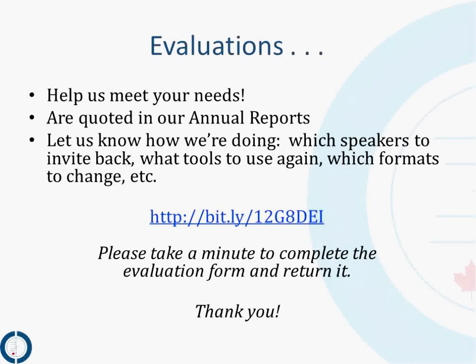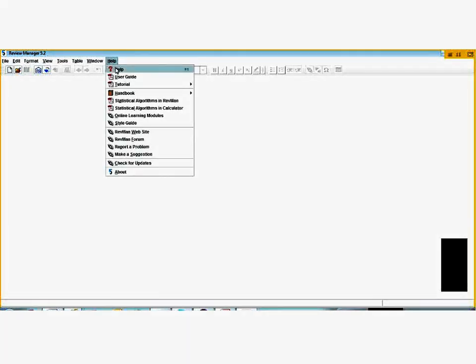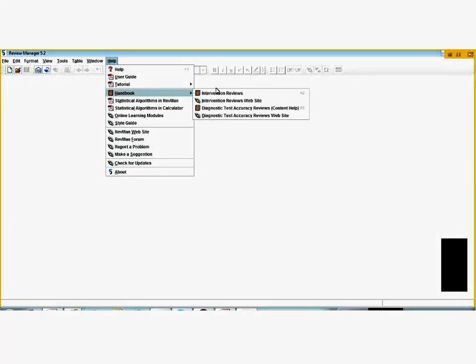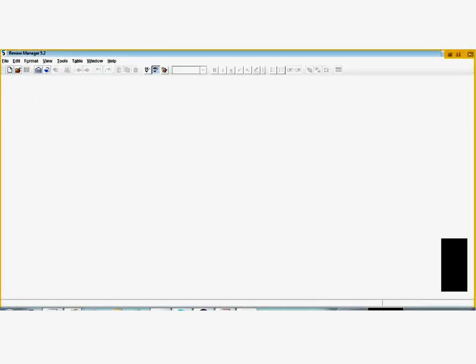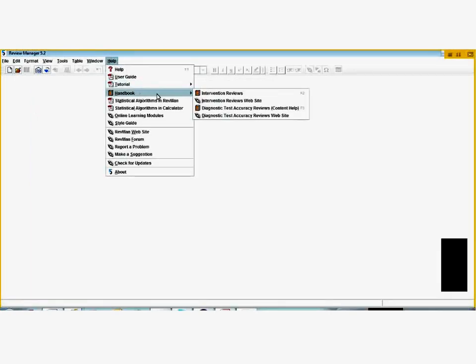Okay, so we're in RevMan here, and one of the easier ways to get the Diagnostic Test Accuracy Handbook is to go to the Help menu, scan down to the Handbook, and you have the Diagnostic Test Accuracy Reviews Handbook, and you also can get the Diagnostic Test Accuracy Reviews website. And I hope that answers your question.